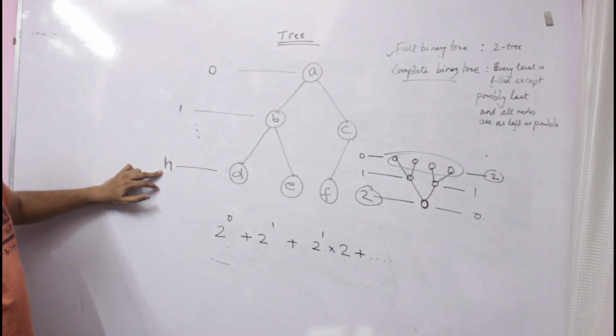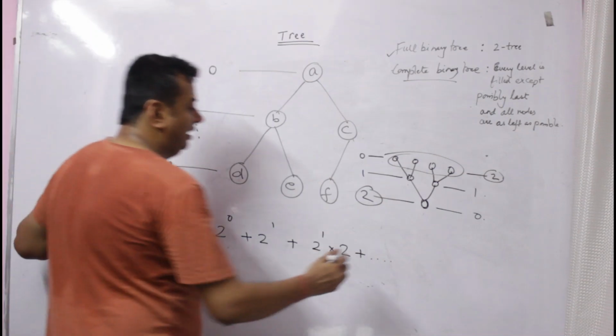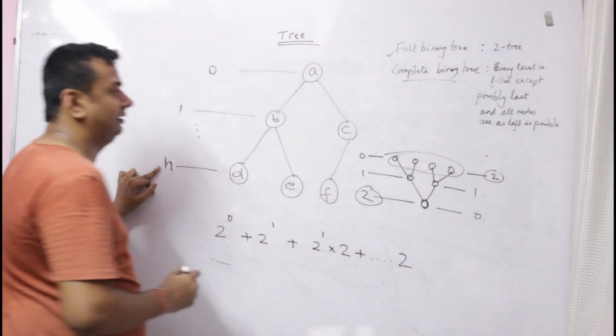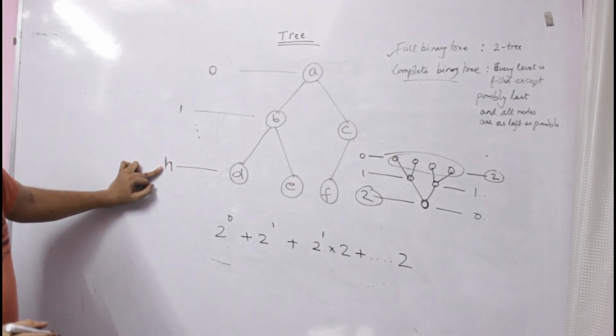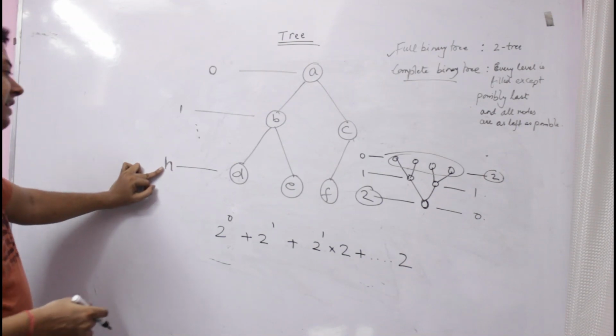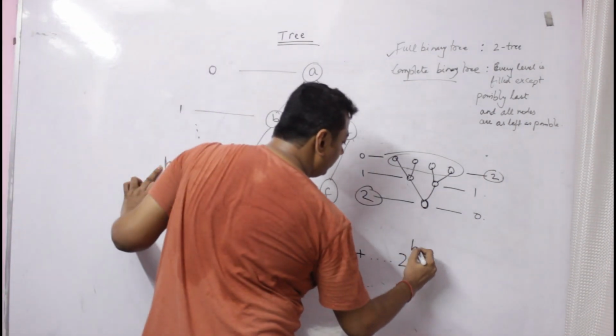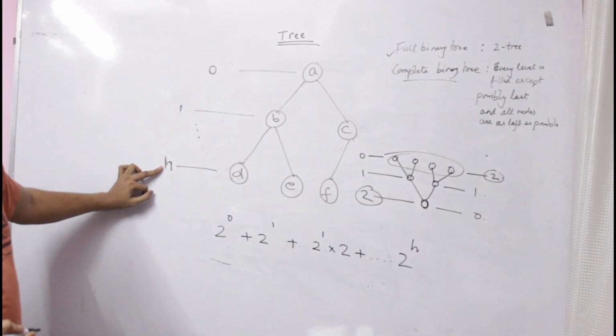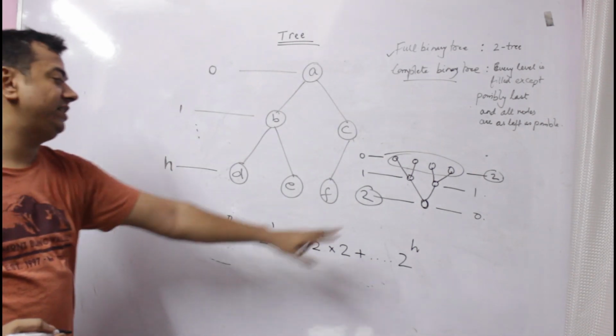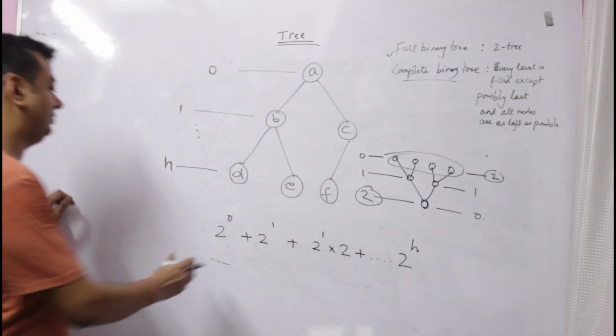Assume that it is at height h, level h, and it is a full complete binary tree. So this is 2 raised to power h. So what is the total number of elements here? This is a geometric progression.